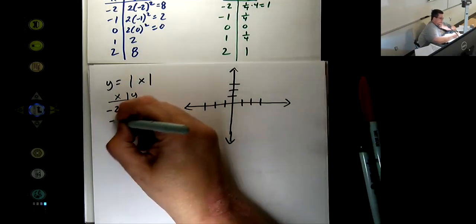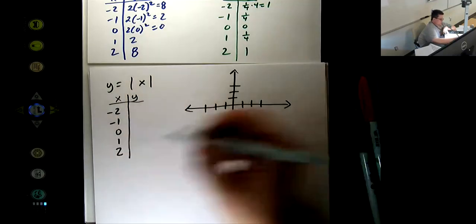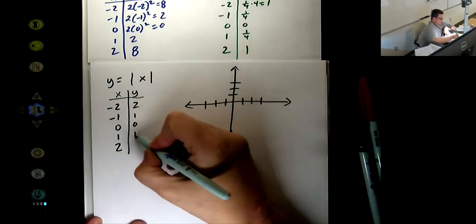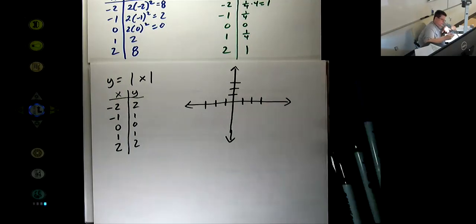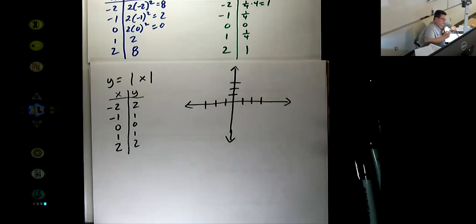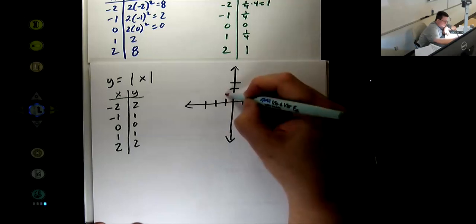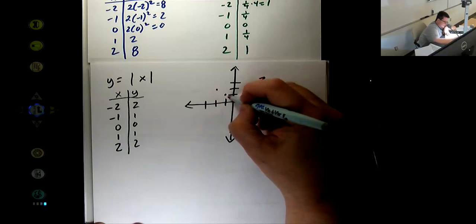It makes everything positive. So if we do -2, -1, 0, 1 and 2, we get out 2, 1, 0, 1 and 2. So my base graph goes along the diagonals right there. It makes a nice clean V.